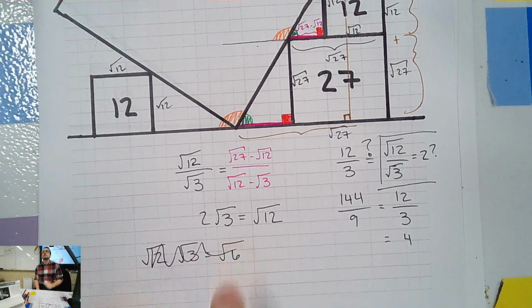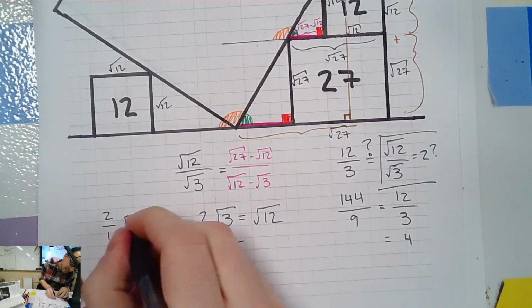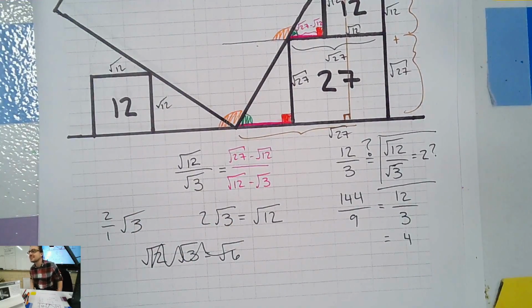Why do you think that's the same as that? What's another way to write 2? 1 plus 1, good. But what's another way to write 2 that might be helpful? 2 over 1. And that's helpful because why? Because it's a fraction.